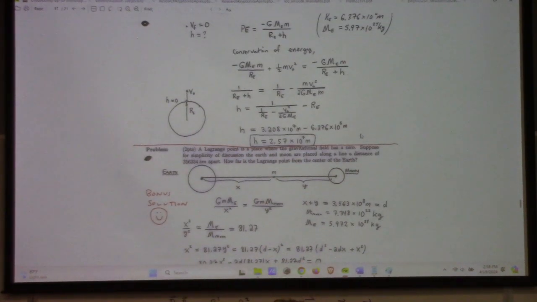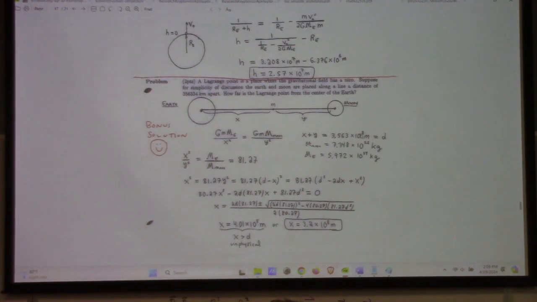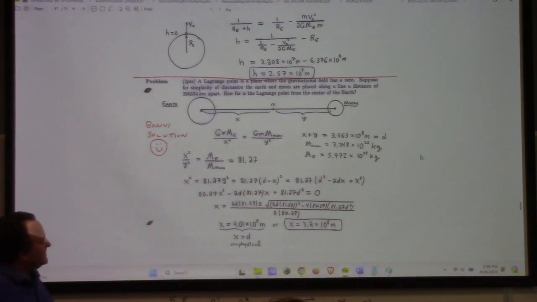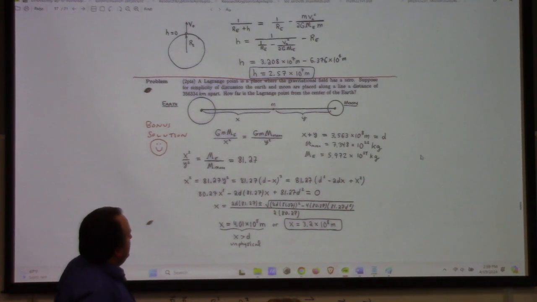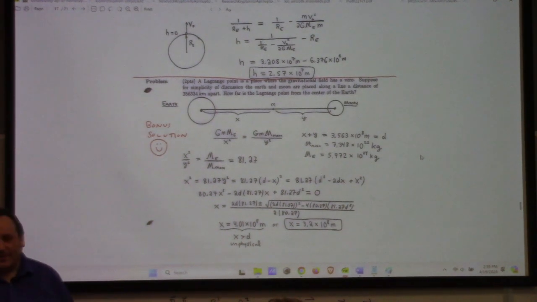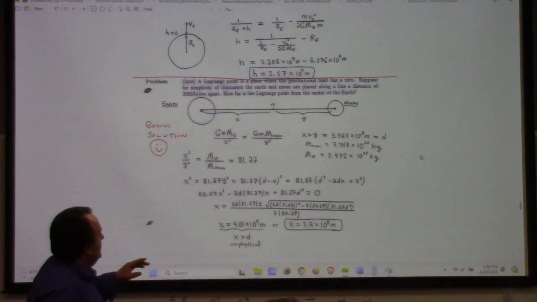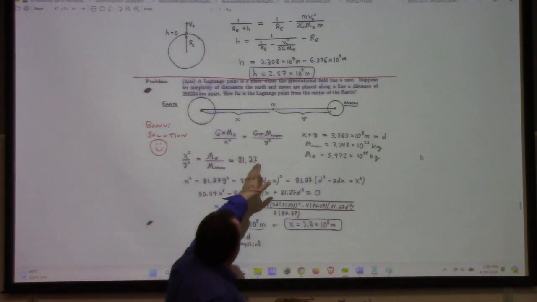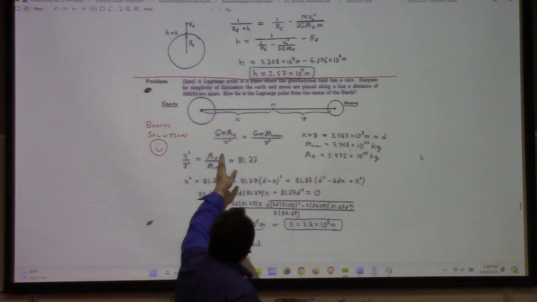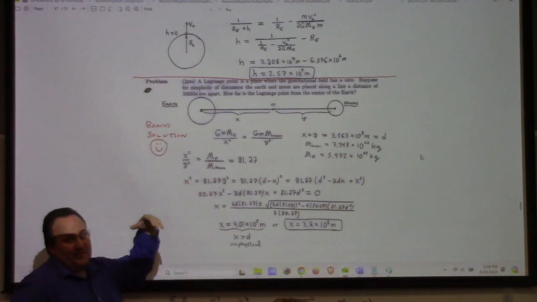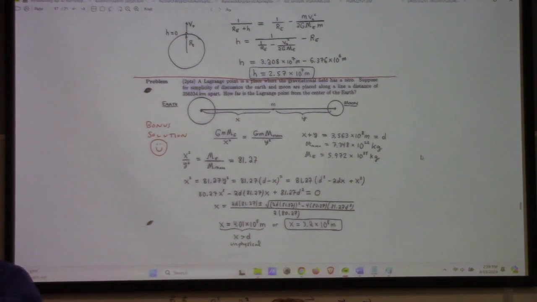The Lagrange point, it seems so simple, but it's so unpleasant. So the Lagrange point is the place where the force of gravity from the moon and the force of gravity from the Earth balance out. There's a point between the Earth and the moon where you're truly weightless.